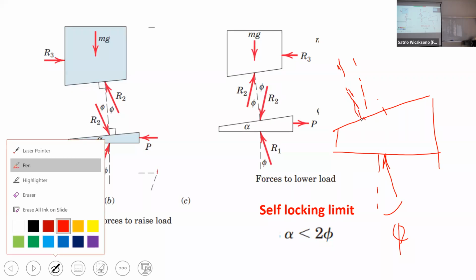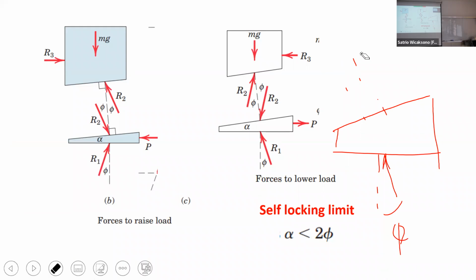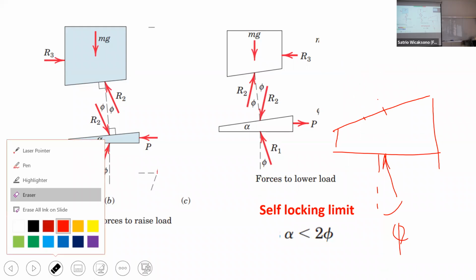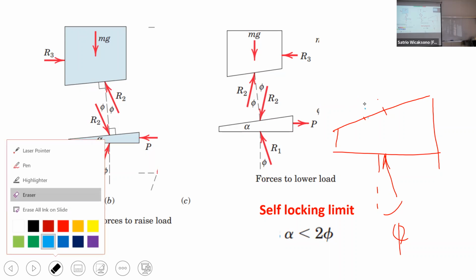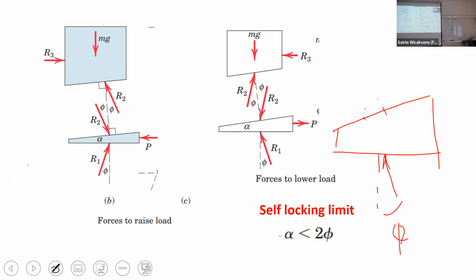Biar gampang kelihatannya, warnanya saya bedakan. Ini adalah permukaan normalnya, yang sangat miring. Oke, itu adalah permukaan normal. Nah, kemudian ini ada lagi resultan yang sisi atas. Resultan yang sisi atas itu adalah normal ditambahkan dengan gaya gesek.